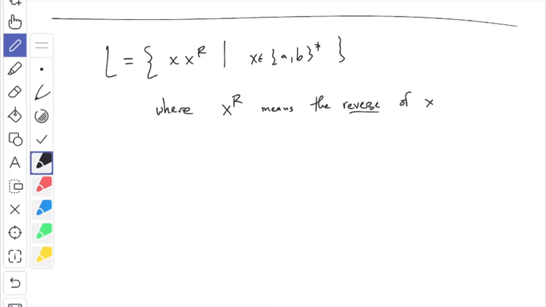So, for example, L includes things like AABBAA. That's because you can break this down into an X followed by an X reverse, right? So that is part of L. Or something like, I don't know, BABAB ABAB. Is that right?